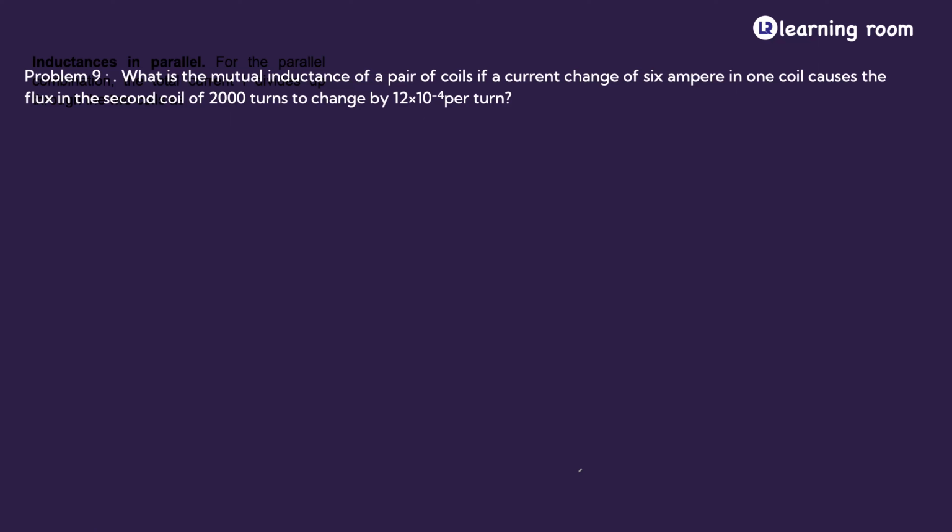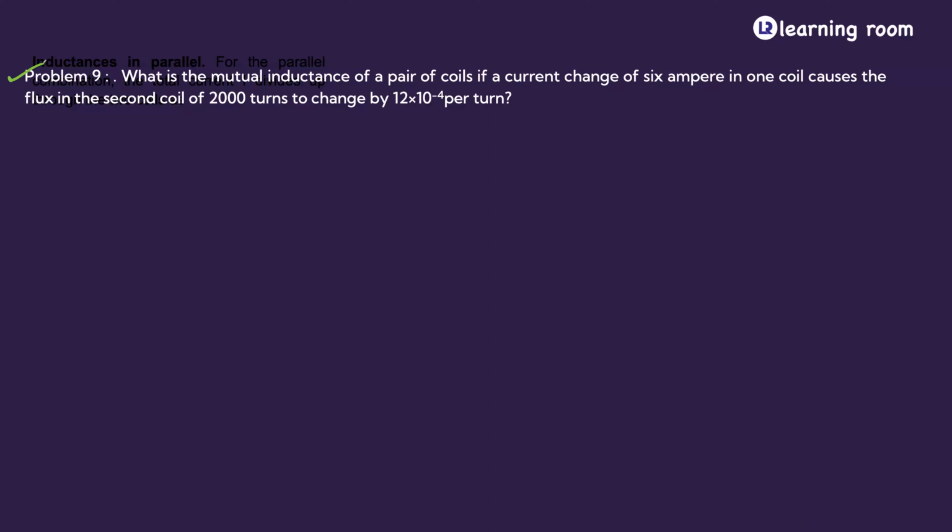Now we'll do some problems based on mutual inductance. So try this. What is the mutual inductance of a pair of coils if a current change of 6 ampere in one coil causes the flux in the second coil of 2000 turns to change by 12 into 10 power minus 4 per turn? Don't look at it like a formula.